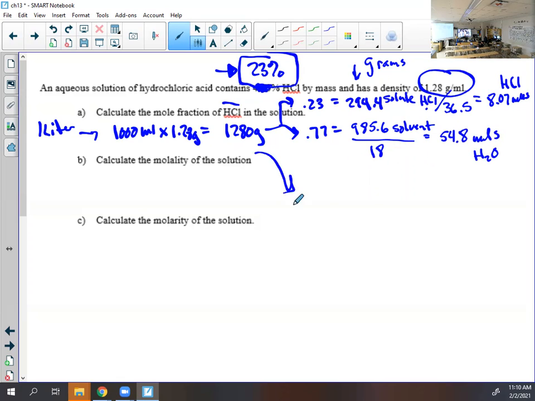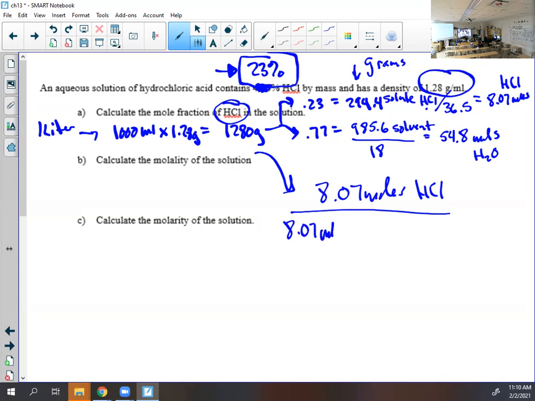Okay, now I'm going to erase this, so make sure you're with me, but I'll do the mole fraction down here. I need the mole fraction of HCl, so I take the number of moles of HCl, which is 8.07 moles, and divide that by the total moles, which is 8.07 moles HCl plus the moles of water, which is 54.8 moles H2O.